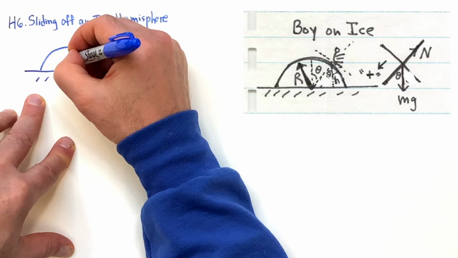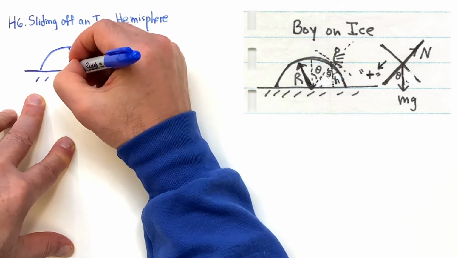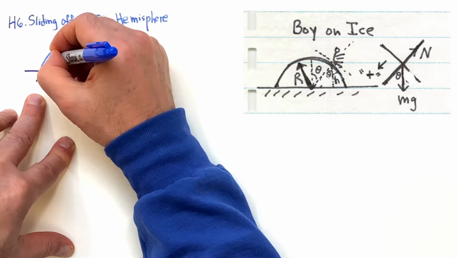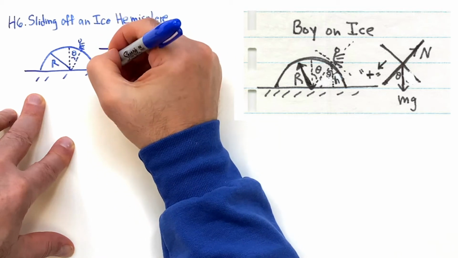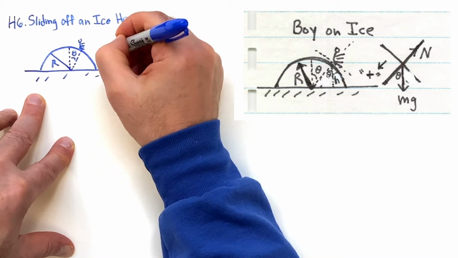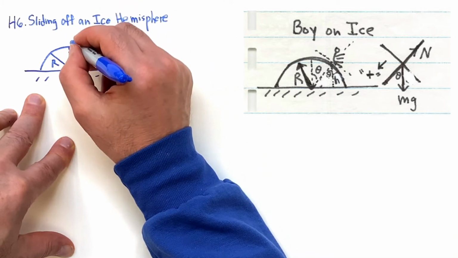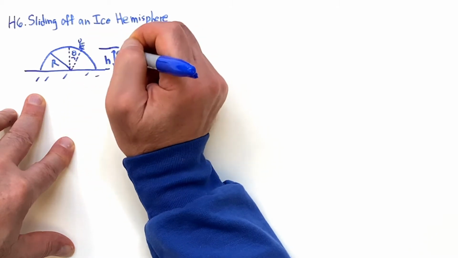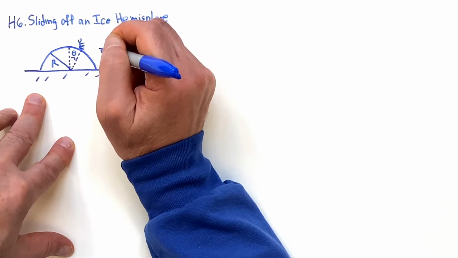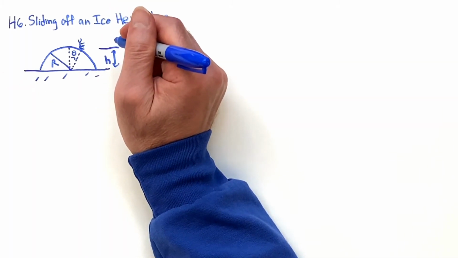So here, this is the angle theta, and here there's a radius, capital R. And the question is, find the height where the child goes off. Now, the child starts at the top and basically nudges herself or himself so that the slide begins, and at some point they leave the ice mound. So we want to find what this height is, the question.